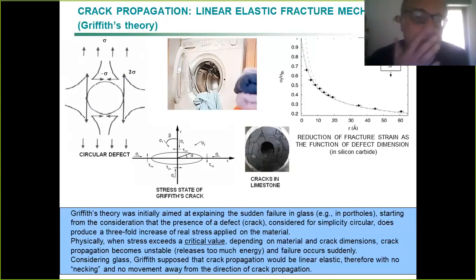To start with, Griffith started to study a circular defect, and in a circular defect, he found out that the very fact that there is a defect in the glass sheet determined an increase of stress which was threefold, even if the defect was circular.